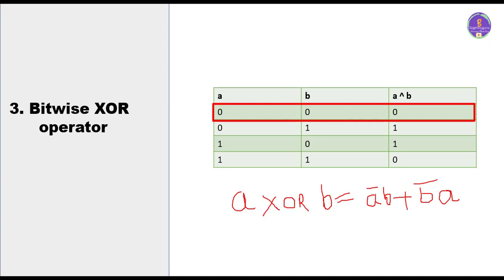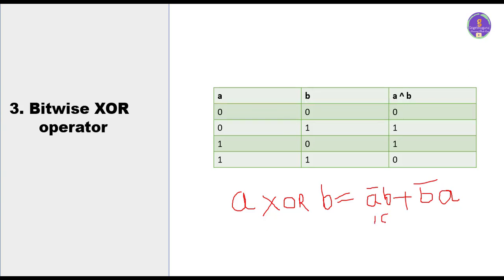So A is 0, which means A bar will be 1, and B will be 0, plus B bar. B is 0 means B bar is 1 and A is 0 means it will again be 0. So 1 into 0 is 0 plus 1 into 0 is again 0. So our output will be 0.